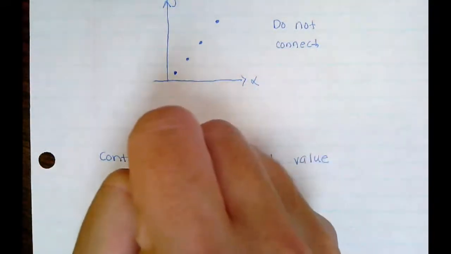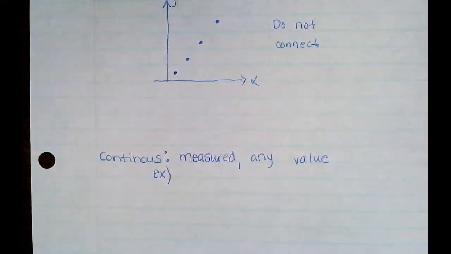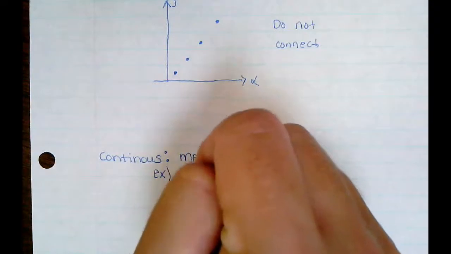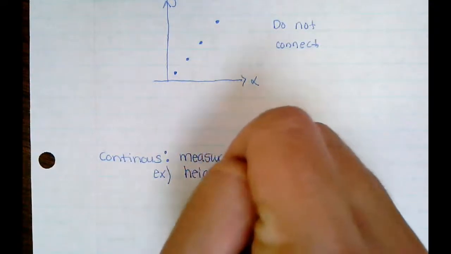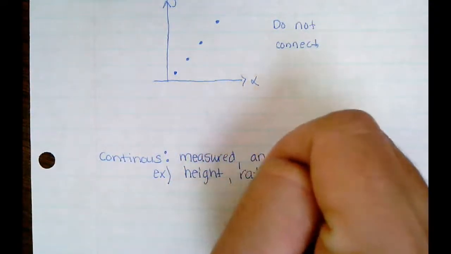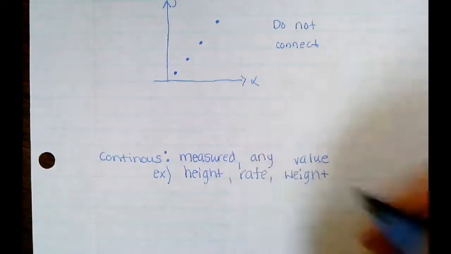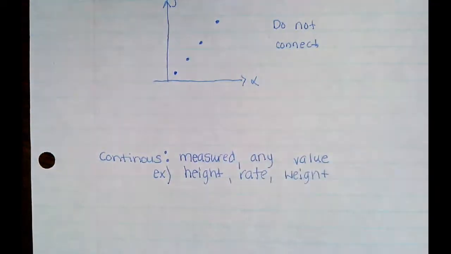So if we think about some examples of that, it would be height, rate, weight, okay? Those are all measured items. Height, everyone in this class, you're not either 5 foot or 6 foot or 4 foot. You have everything in between it. You have inches. You have half an inch, all right?